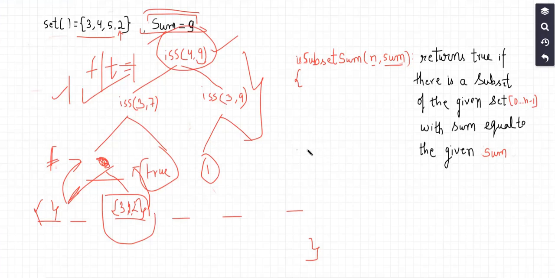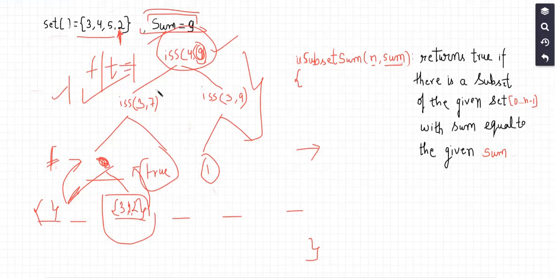The first condition would check the integer that we are standing upon: can we include that integer in the generation of our final subset? That is, if the sum that we want to generate is greater than or equal to the integer that we want to include, then that's okay.